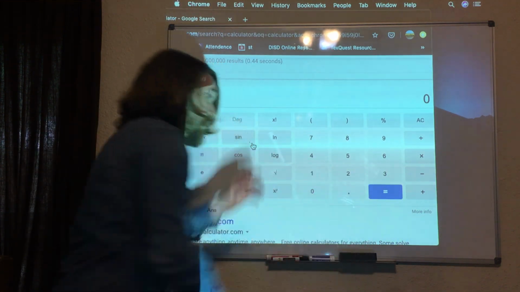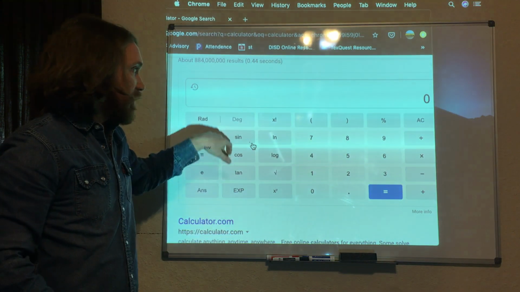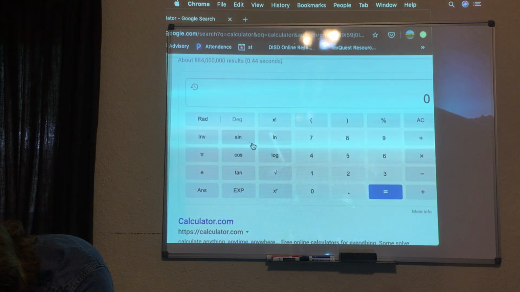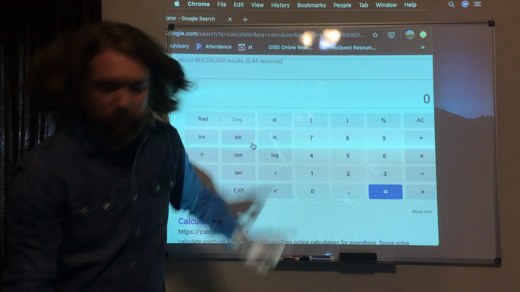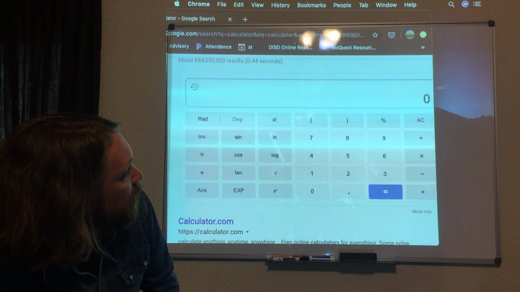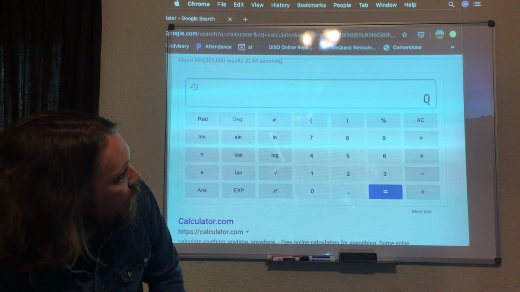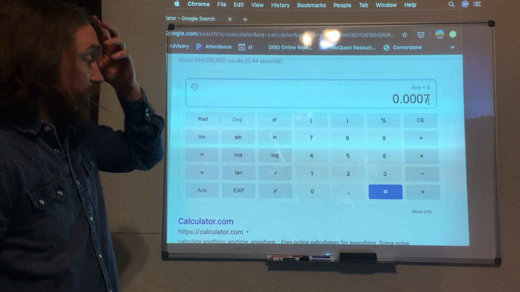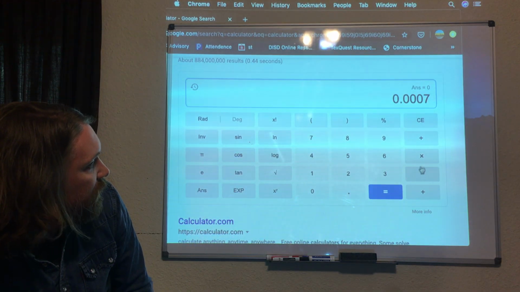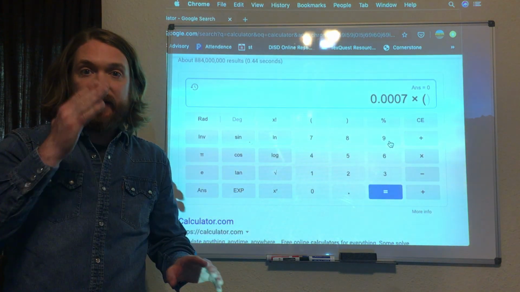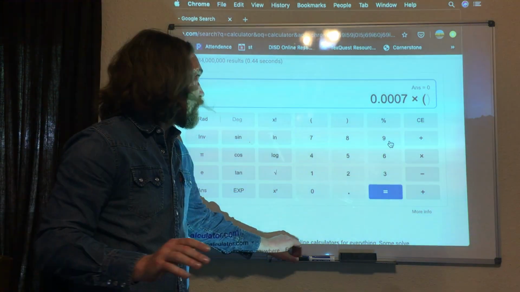Using this Google calculator, which I found by Googling the word calculator, you can do all of the math you need. So here, I'm going to type in 0.0007, and we're going to multiply that times parentheses, and we type in 9 times 10 to the 16th the exact same way as we did before.